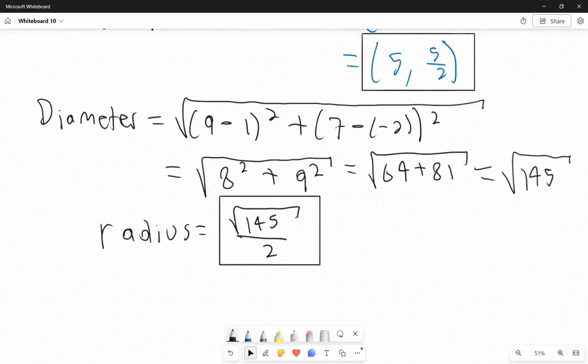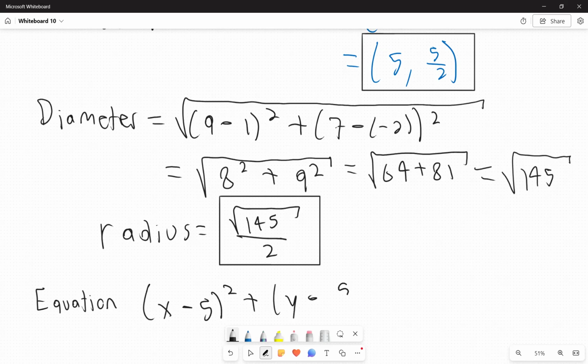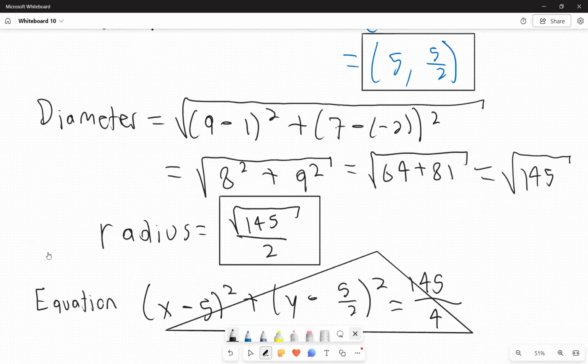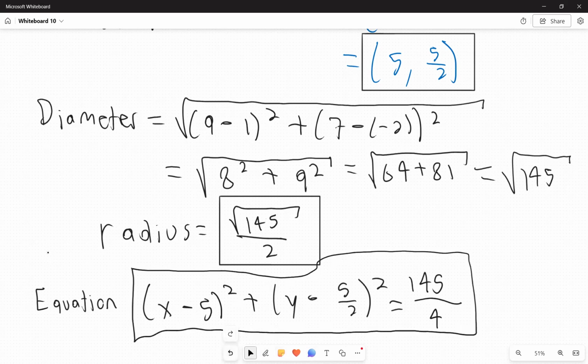At the end of the equation, it's x minus 5 squared plus y minus 5 halves squared equal to the square root of 145 over 2 squared, which is 145 over 4, since the square root of 145 squared is 145, and 2 squared is 4. And that's it. So this is what we wanted. Okay, this is it. Thank you for listening.